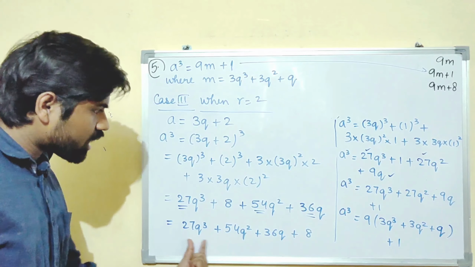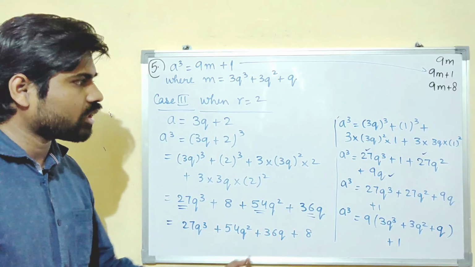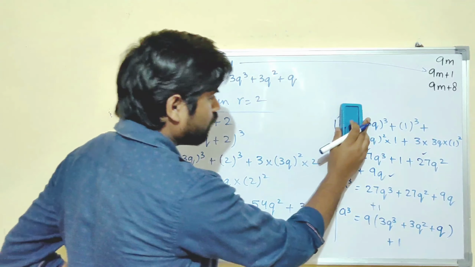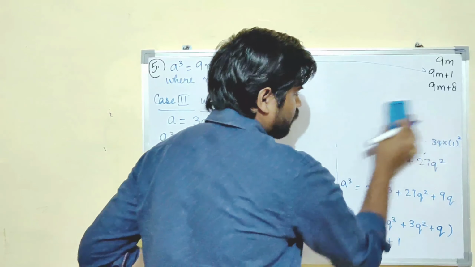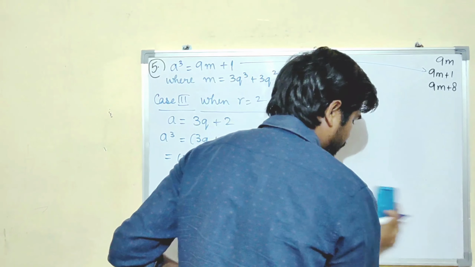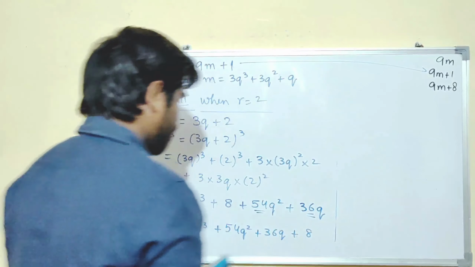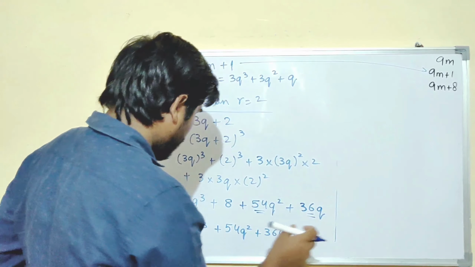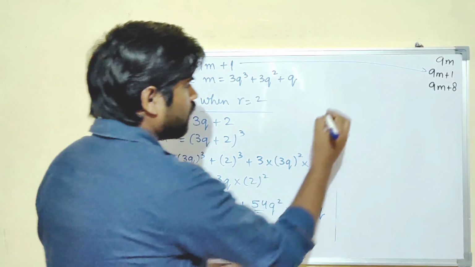Now we will take 9 common from all these 3 terms. For that I have to rub this part as well. Now you can take 9 common here.